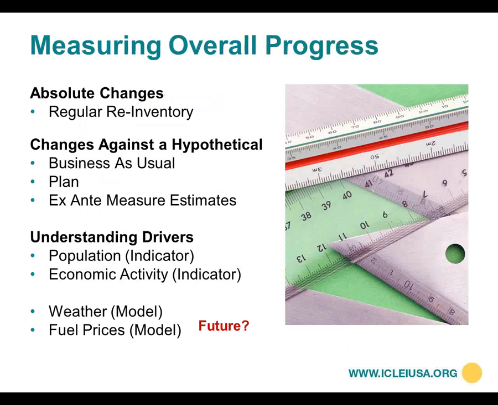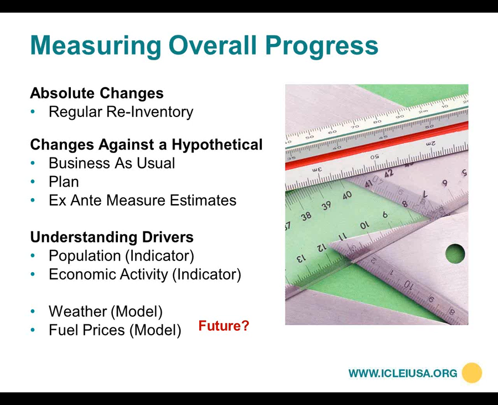So looking at overall progress, we want to look at absolute changes, like I said. So the regular re-inventory is really important, and as some of those slides that I showed before on the activity in ClearPath illustrate, people are doing that, and people are being able to look at those changes over time. We also maybe want to look at changes against a hypothetical.